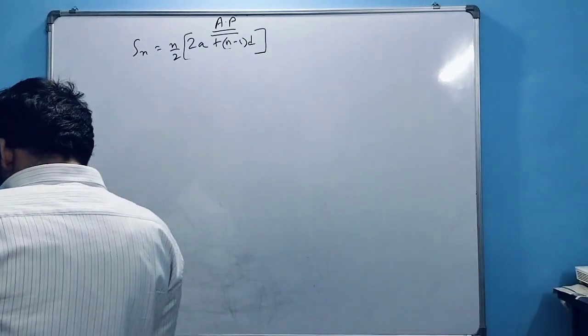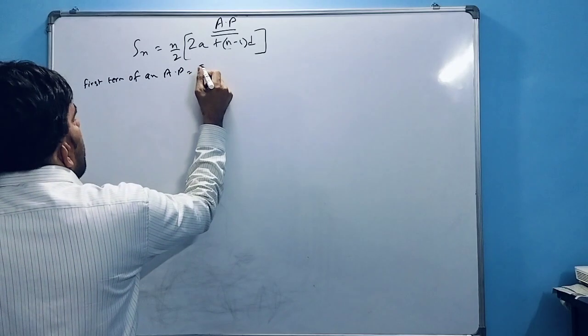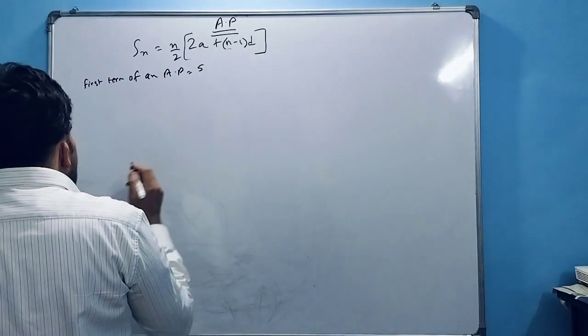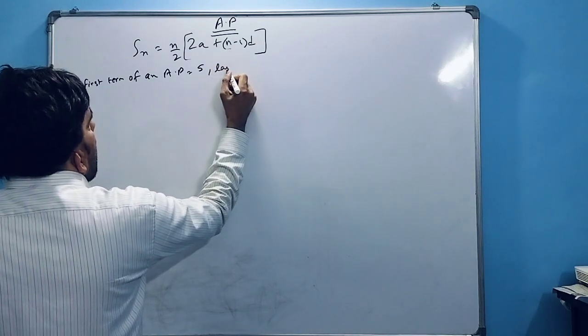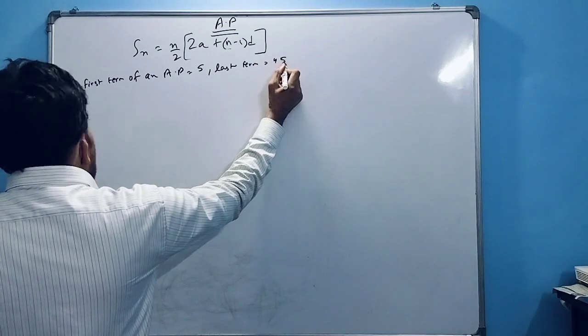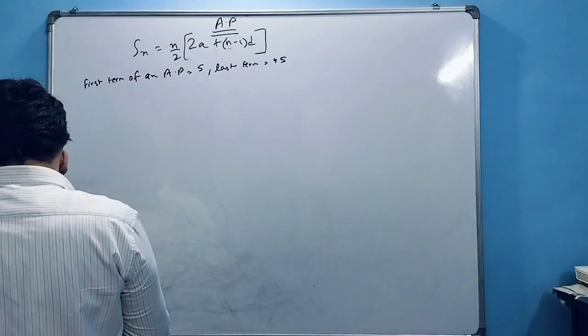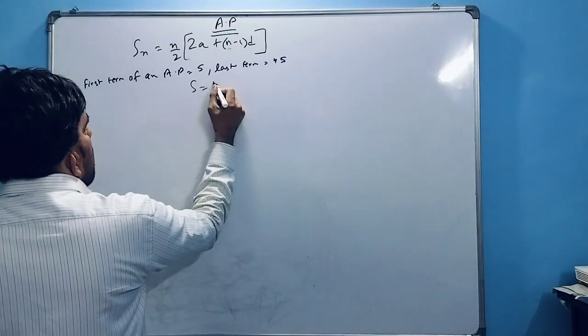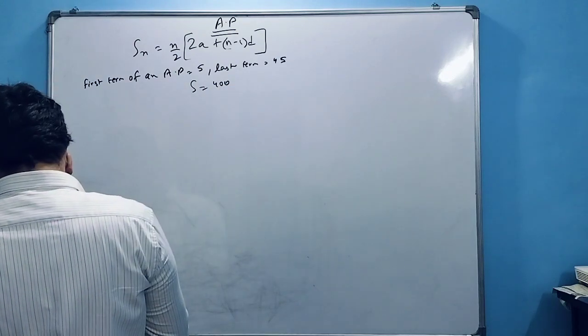Now in this question they have given the first term of an AP, that is 5, and the last term they have given is 45, and the sum is 400.